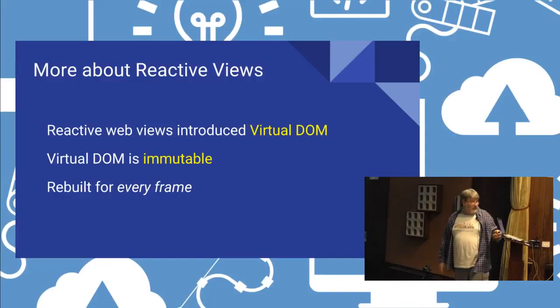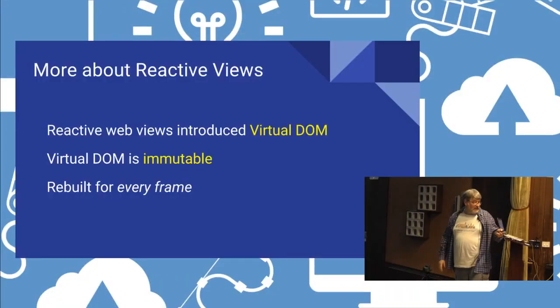And in the web world, reactive introduced the concept of a virtual DOM, right? So in CSS and HTML, you have the DOM model, and this introduced a virtual DOM. And virtual DOM is immutable, which just means that you can't change it, which means that you have to rebuild it for every frame. So anytime something changes, you rebuild it from scratch.